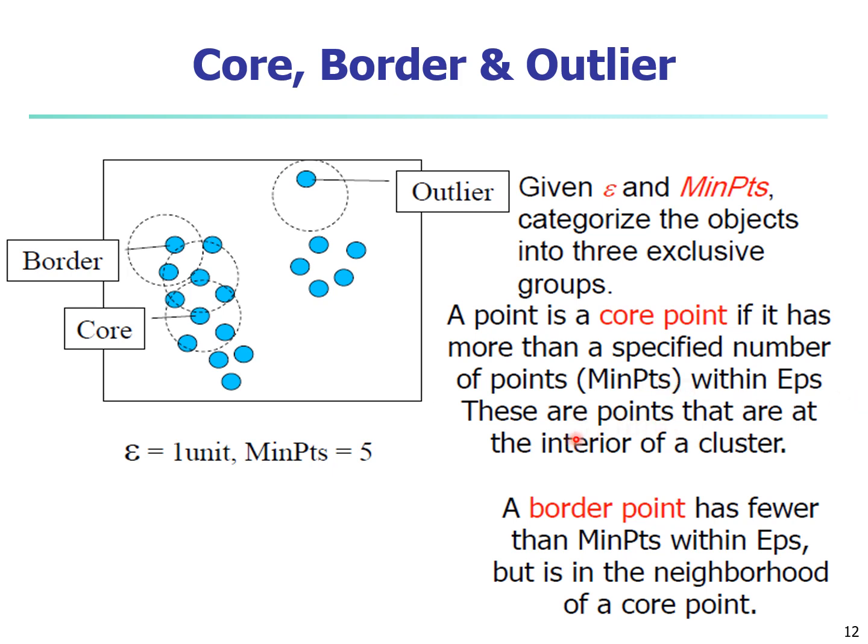These are points that are at the interior of the cluster, so these points are considered to be part of the cluster. A border point has fewer than minimum points within epsilon, but is in the neighborhood of a core point. So it's close to a core point. In this case, we call it a border point.